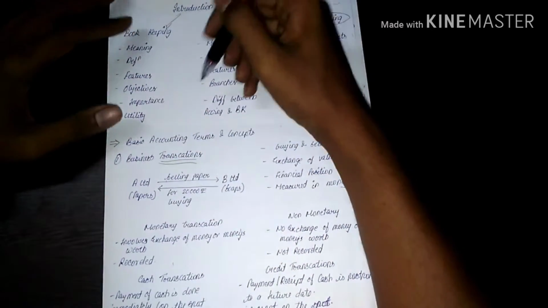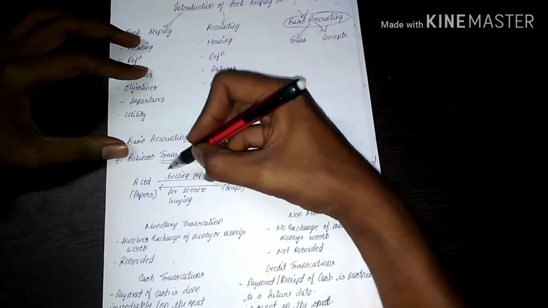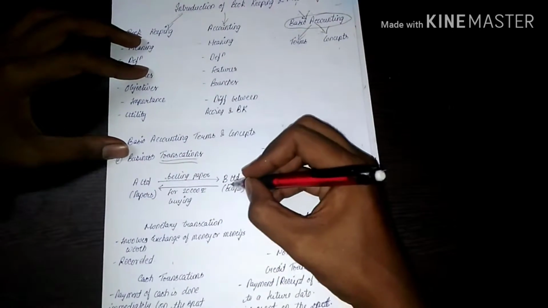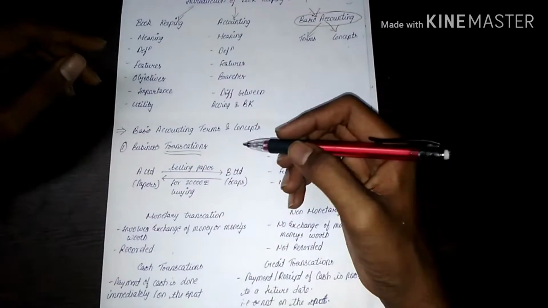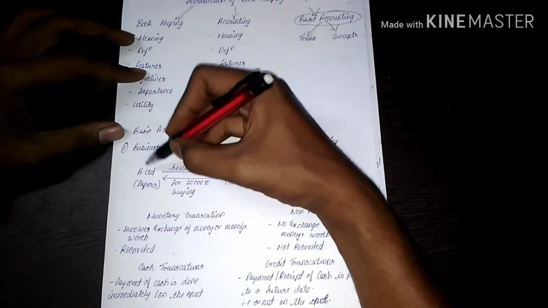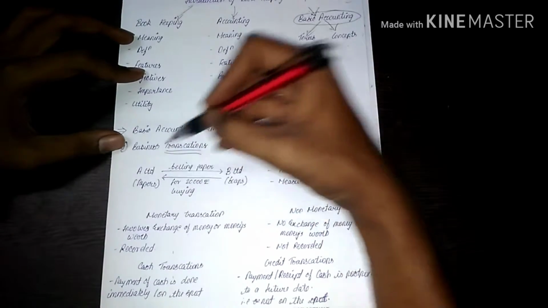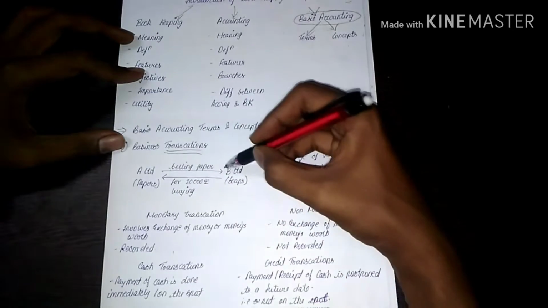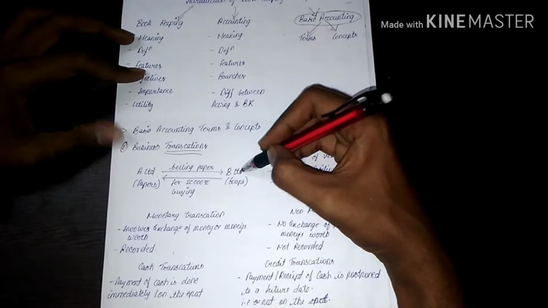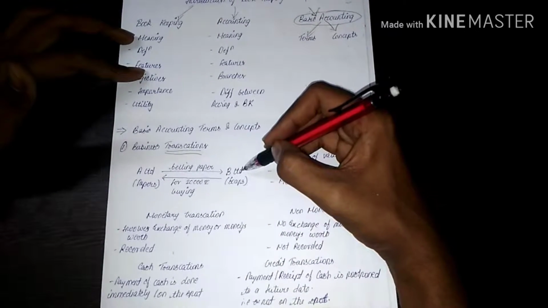Here is an example of the most basic, most primary business transaction, that is buying and selling of goods. A Limited manufactures papers and B Limited manufactures soaps. A Limited is selling papers to B Limited, maybe because B Limited requires papers for packaging material.